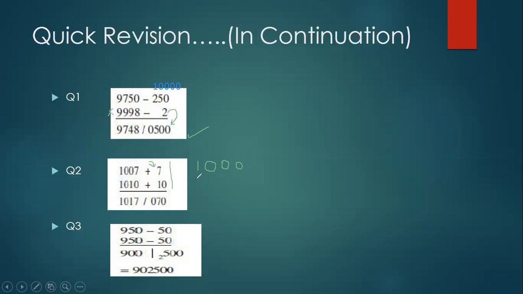Now, because my base has 3 zeros, the number in this portion needs to have 3 digits. So correctly speaking, 7 into 10, I get 70, but I need to add a 0 over here. And then I can do 1007 plus 10, I get 1017, or I do 1010 plus 7, I still get the same answer. So either of the two operations you follow, that is the right answer.